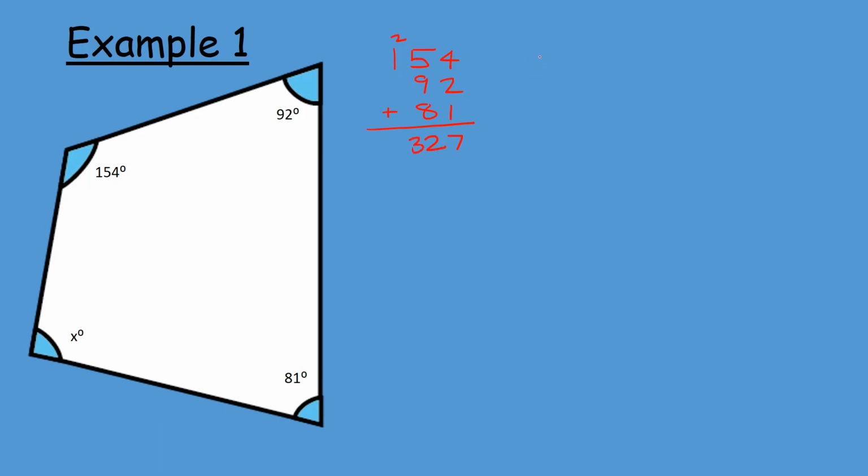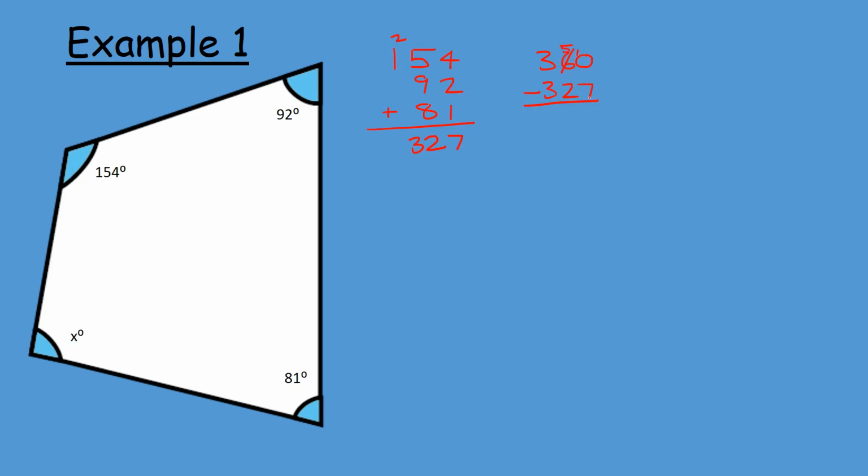And our second job then, a column subtraction. We're going to get 360 and we're going to take away that 327. So I can't do 0 take away 7, so I'm going to borrow 1 from here.